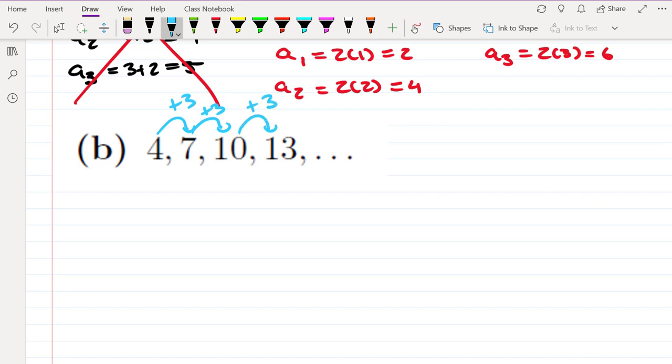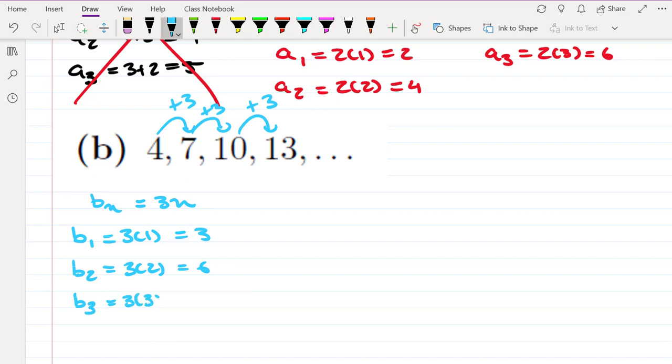Based on what we just talked about, we would say b sub n should be 3 times n. But if we check our first few terms, we would have 3 times 1, which is 3, 3 times 2, which would be 6, and our third term would be 3 times 3, which would be 9.